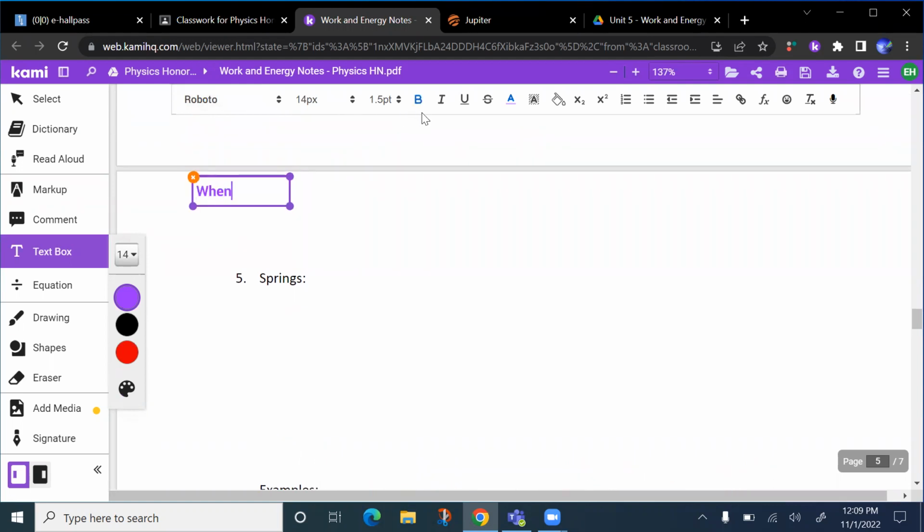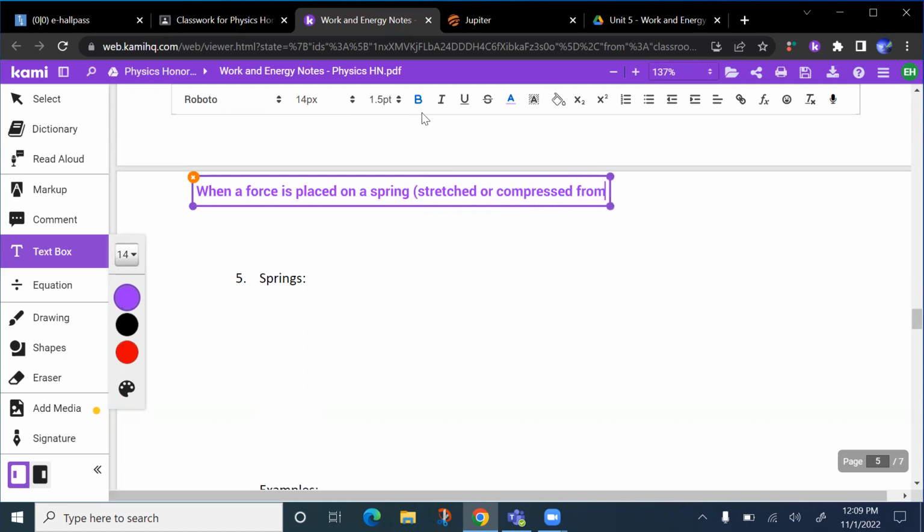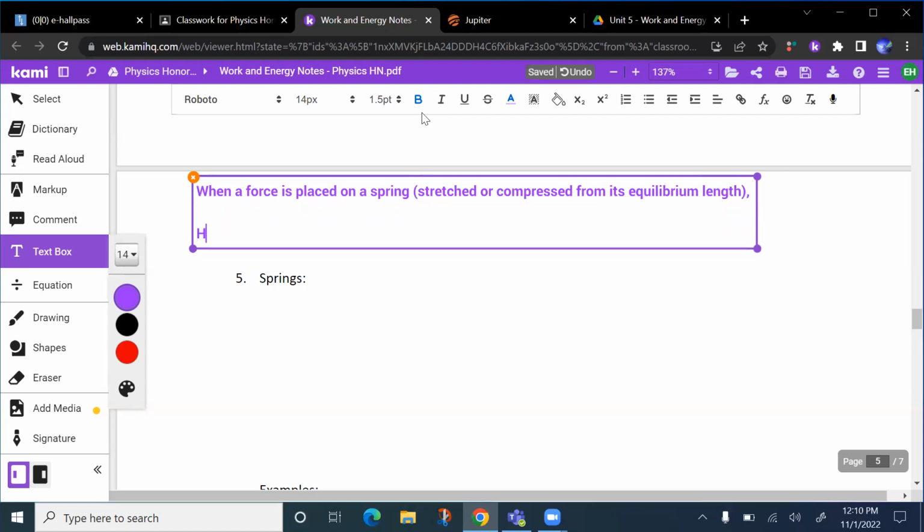So when a force is placed on a spring, in other words, it has been stretched or compressed from its equilibrium length, we state this with Hooke's law.